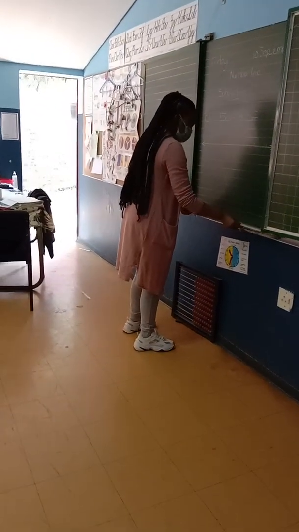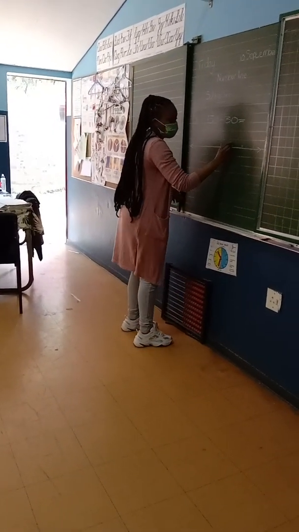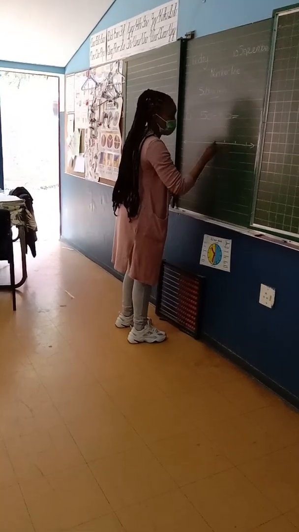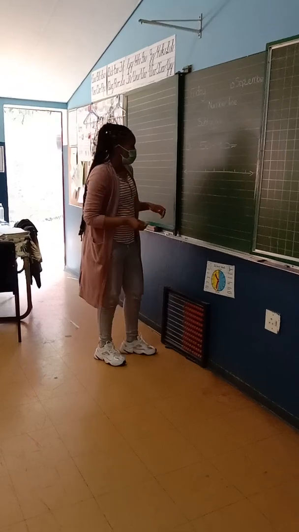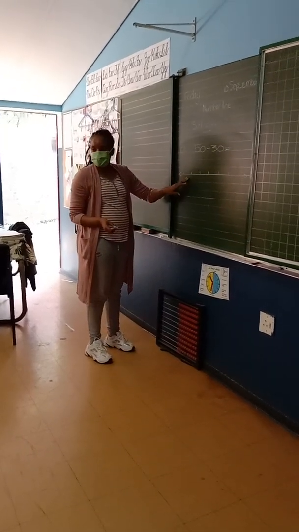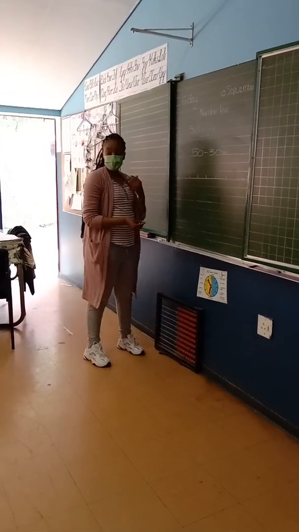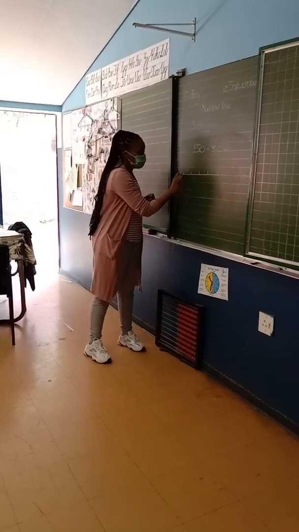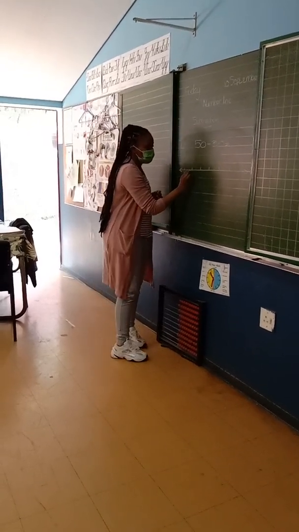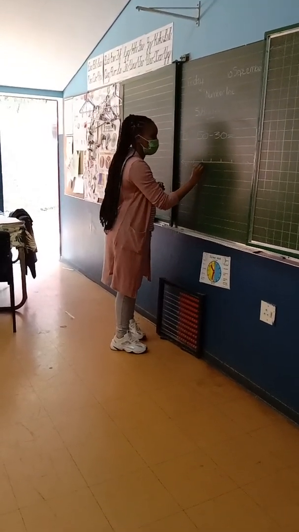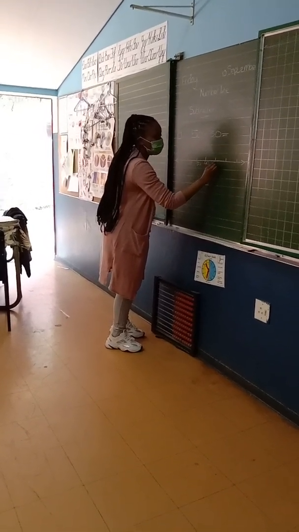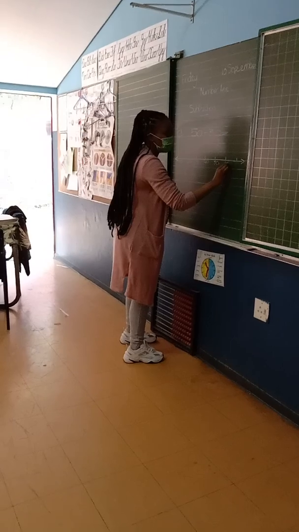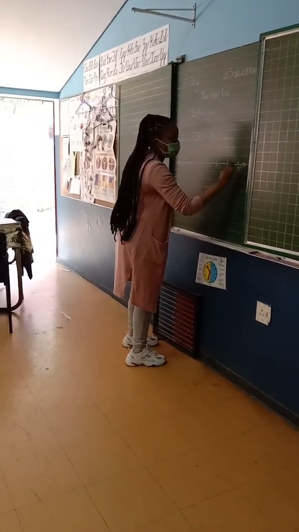Okay. Now our lines. Now we need to start placing the numbers. So with me, what I'm gonna do is I'm gonna start at 10, 20, 30, 40, 50, 60, 70.